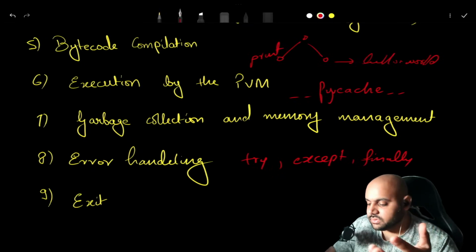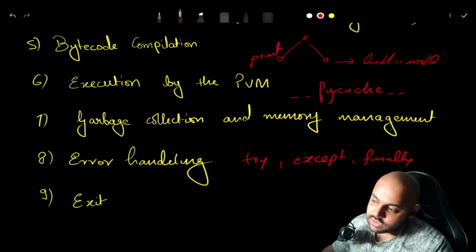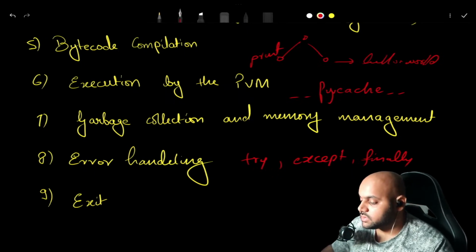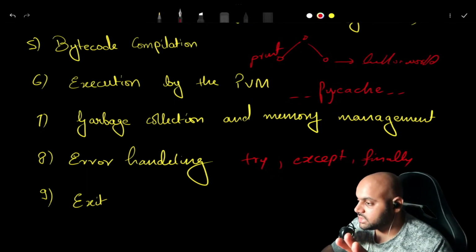It helps you to continue your code. Your code doesn't stop in between. So if you try to read a file and it throws this error, if you say try and then except whatever error it is, it will just carry on. It will say the file was not read, no problem, we'll continue with whatever the next instruction is.